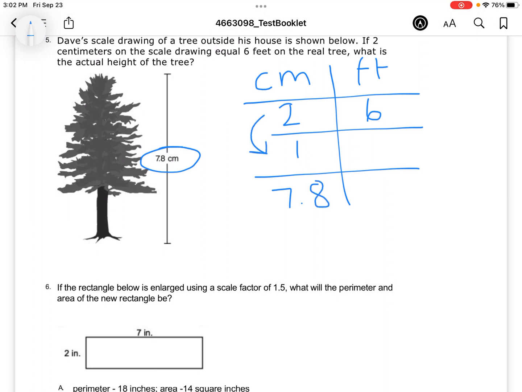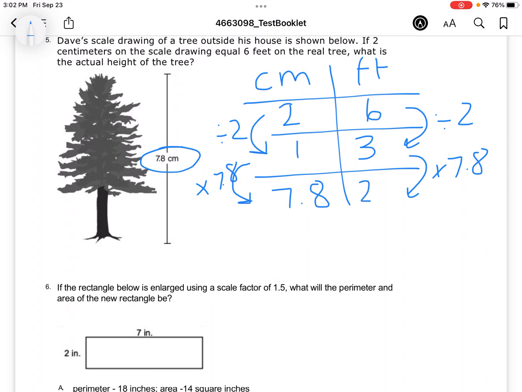So I'm going to divide by 2 on each side, and then I'm going to multiply by 7.8. So 3 times 7.8 is going to be 23.4. So it would be 23.4 feet.